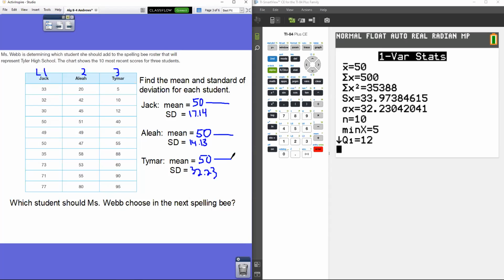They're getting half of their words right and they're getting half of their words wrong. So in the spelling bee, would you want somebody that is going to be very consistent or somebody who's going to be very inconsistent? Somebody that scores relatively about the same thing each time, or somebody that could score really, really good or really, really bad?